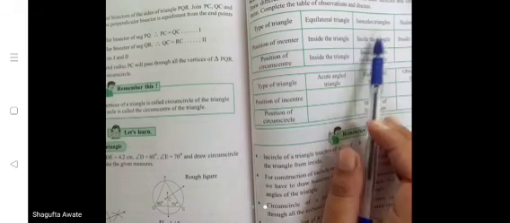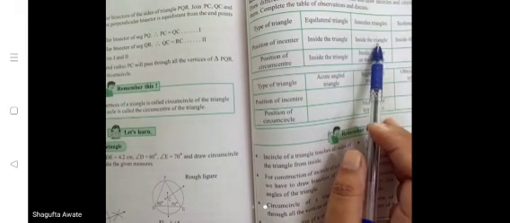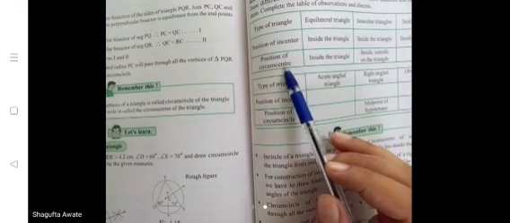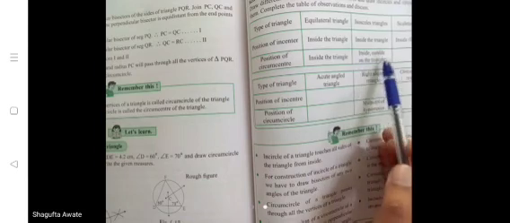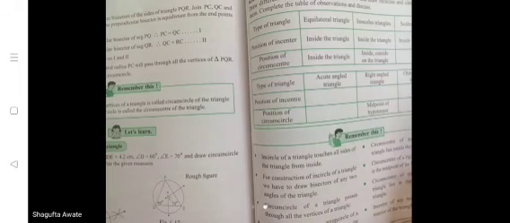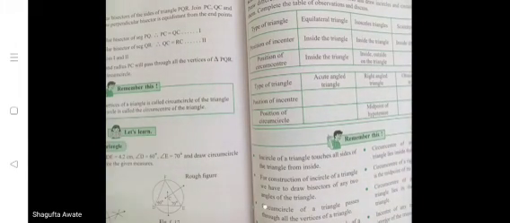For the isosceles triangle, the incenter is inside the triangle, and the circumcenter may be inside or outside the triangle. For the scalene triangle, the incenter is inside the triangle, and the circumcenter depends upon the type of the triangle.